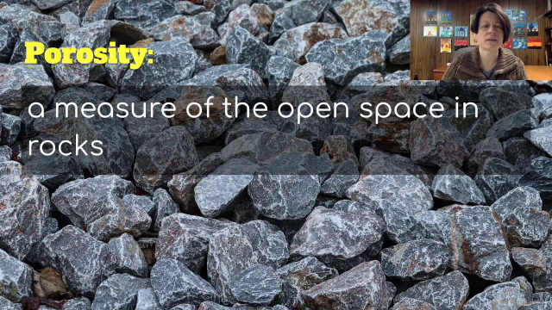And a lot of this depends on porosity, which is a measure of the open space in rocks. And so that's why limestone and sandstone tend to be more porous. You've probably noticed that sandstone will soak in some water.